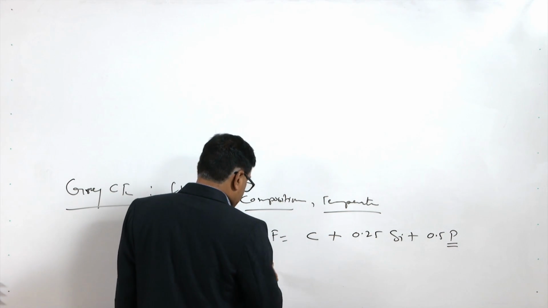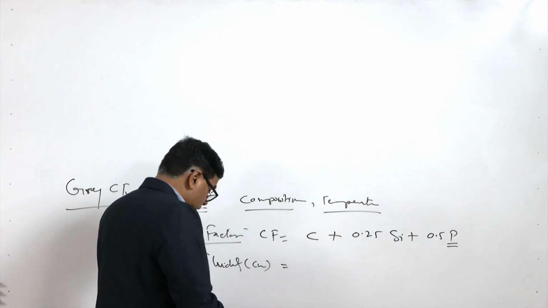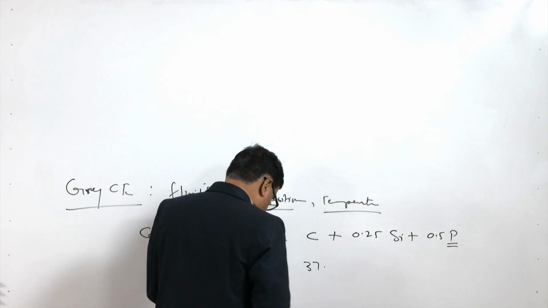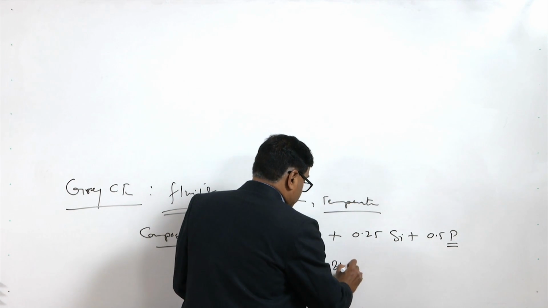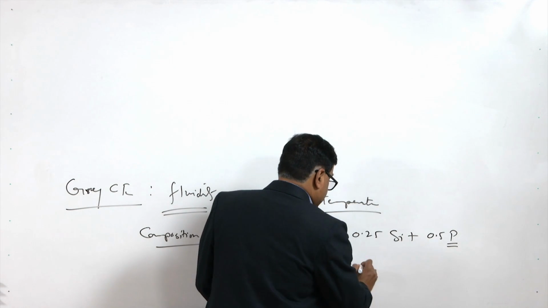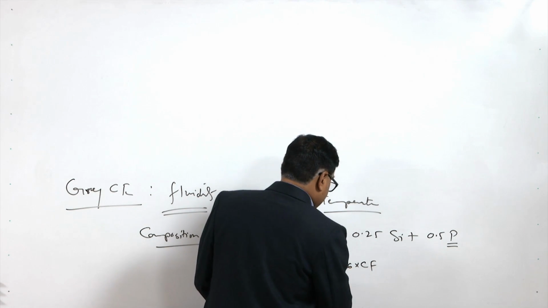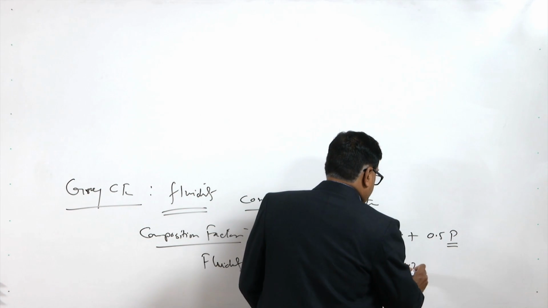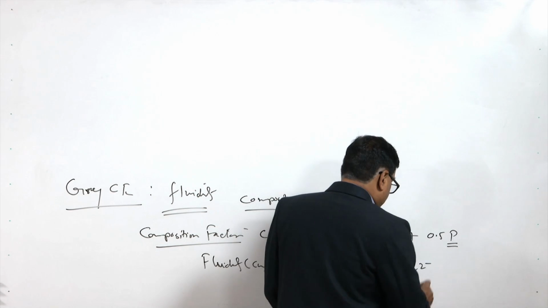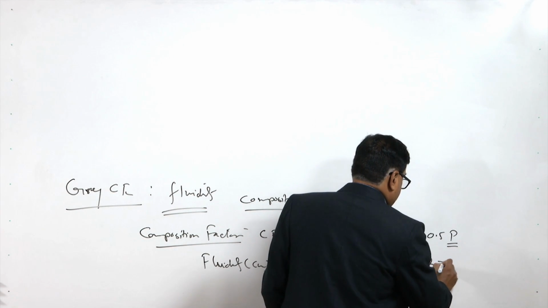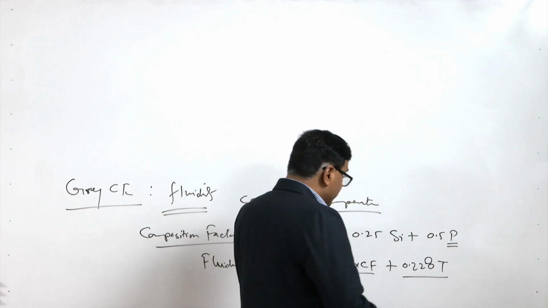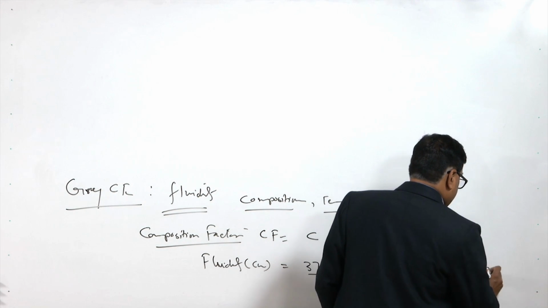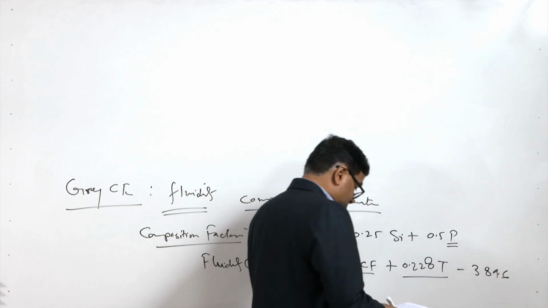So, fluidity in terms of centimeter is obtained using the formula: 37.846 Cf, the composition factor, this is one term, plus 0.228 T, where T is the pouring temperature of the molten metal, minus 389.6.